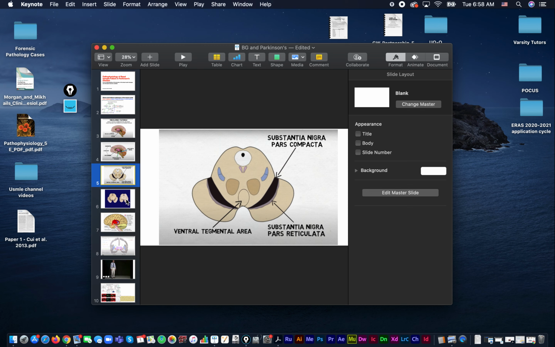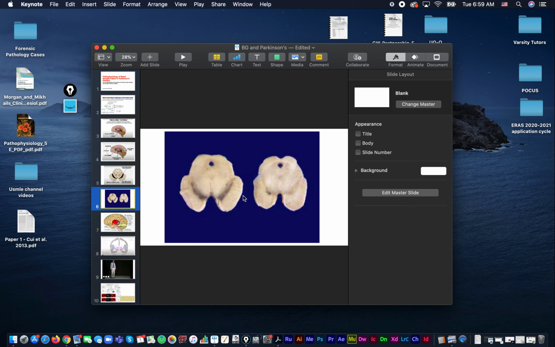Whereas in the indirect pathway, D2 receptors project to globus pallidus internal, and they still cause movement, but not as much. This is a gross section, so to the right is someone who had Parkinson's disease. You can see the substantia nigra is pale, and to the left is normal. You see the dopaminergic neurons, and it's dark because it contains melanin pigment as well.